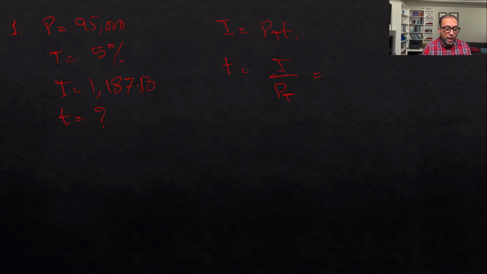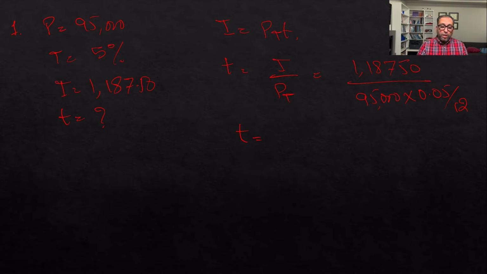So what is I? 1,187.50 divided by what is P, which is 95,000, multiplied by, now there is a catch in it, because this 5% is in year terms, so we have to divide it by 12, so that it is going to be monthly, because we now want to figure out the time in terms of months.